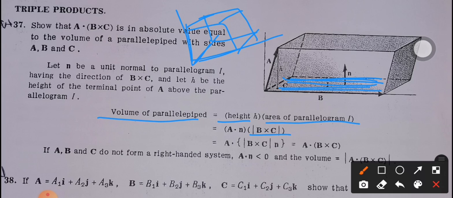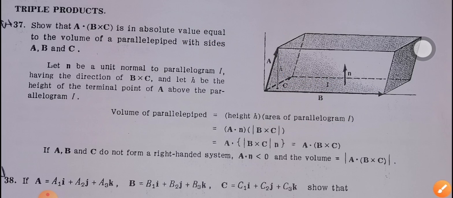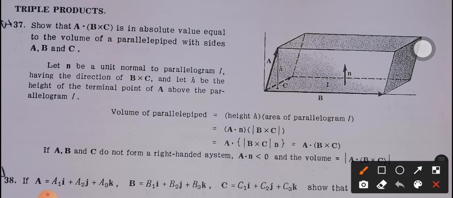And for height we know that we have to find the perpendicular distance or the perpendicular length. So how are we going to define the height over here? We have drawn a perpendicular line over here, so this is basically the y component of this vector a.